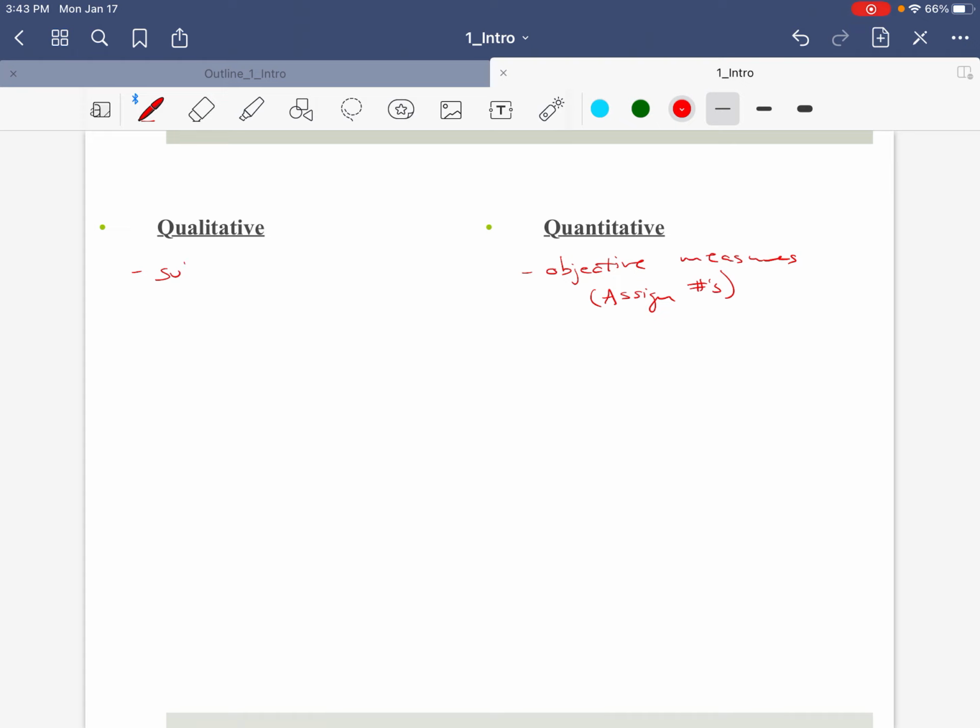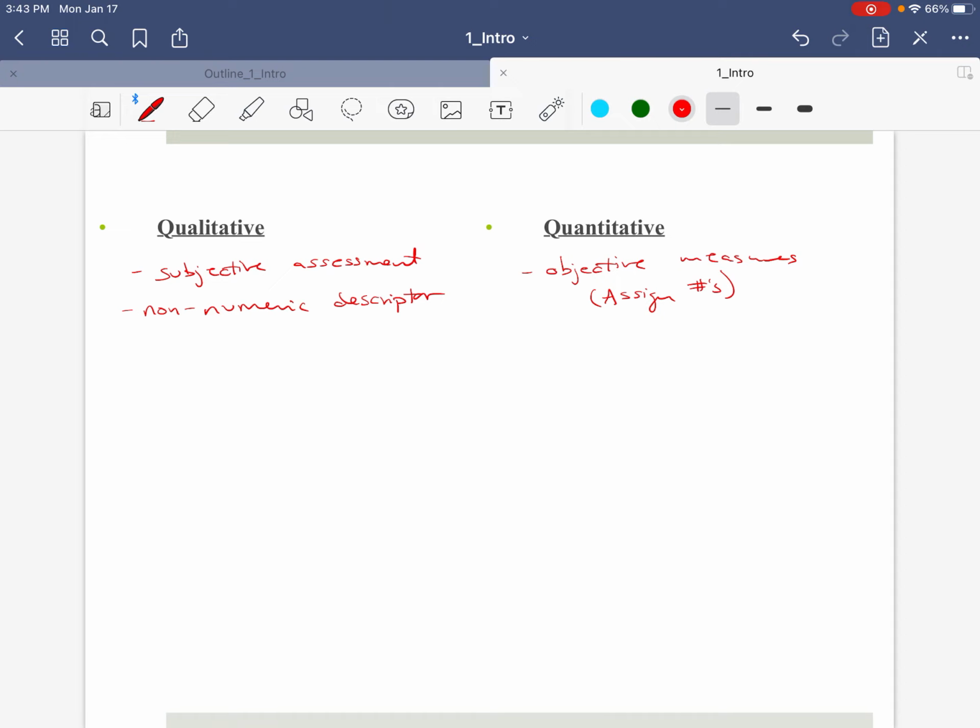Qualitative tends to be more of a subjective assessment. Subjective means that it's a non-numeric descriptor. Right?